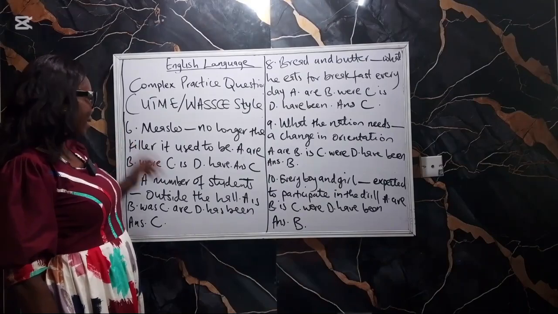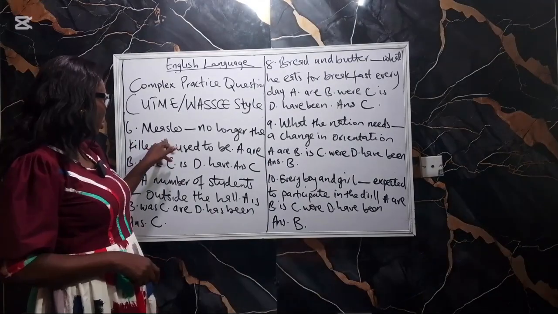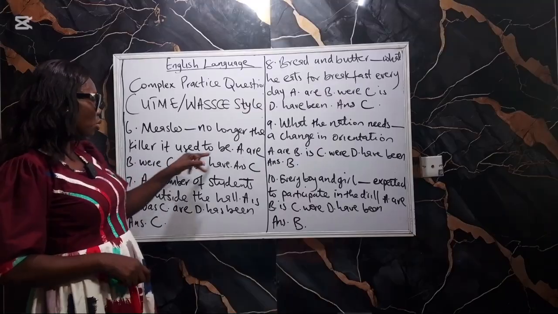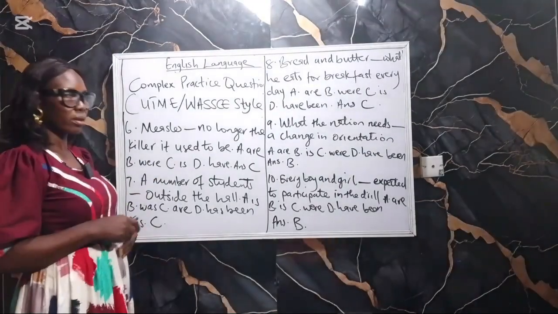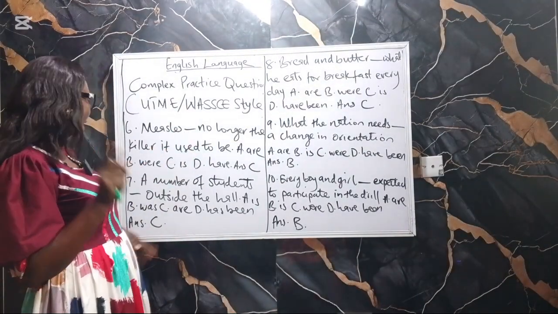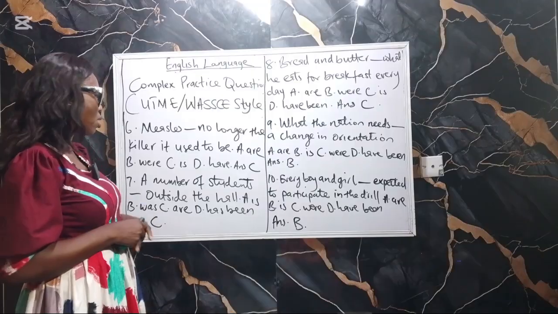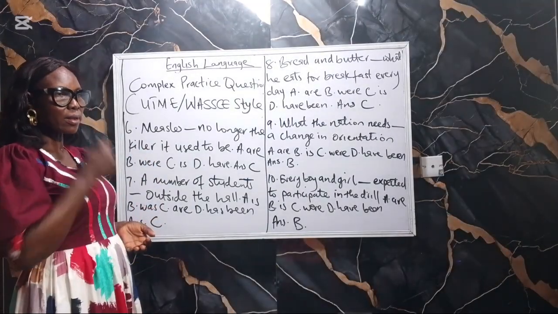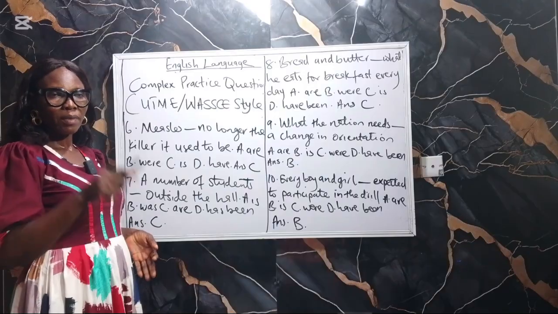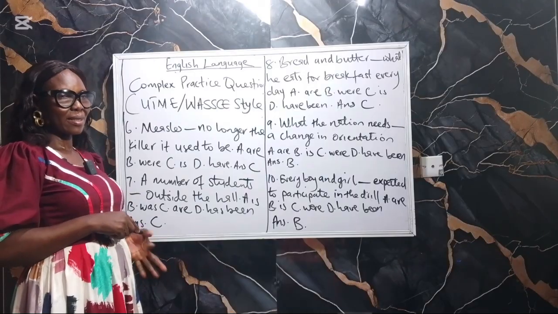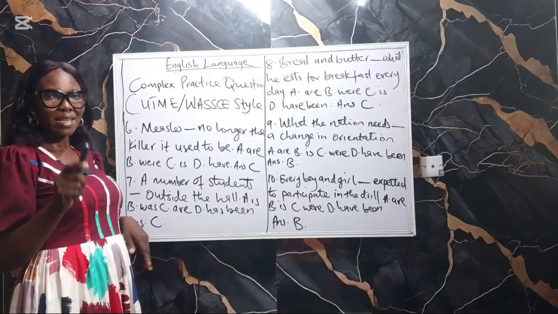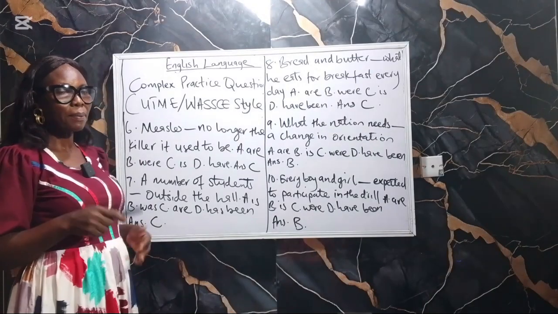Number 6, measles dash no longer the killer it used to be. What should be the answer? Remember when we talked about the use of subjects that S may be added to, but it represents a singular entity. The same thing applies to diseases.